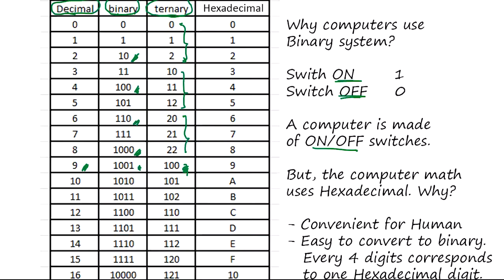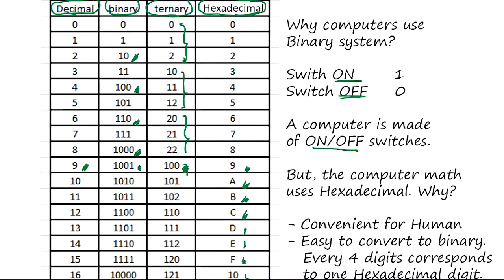Now, computer scientists and computer engineers like to use hexadecimal. Hexadecimal is 0, 1, 2, 3, 4, all the way to 9, and we need a notation for 10. It's A, 11 is B, 12 is C, 13, 14, 15. 15 is F. And finally it jumps to 10. This is more convenient for humans because it's kind of close to decimal. If you use binary, there are too many 0s and 1s, which is very confusing.